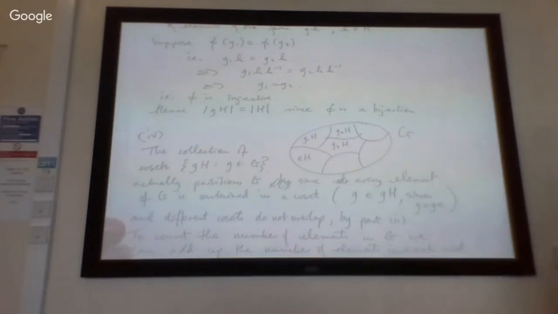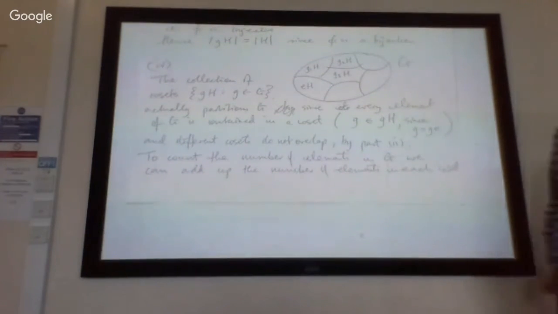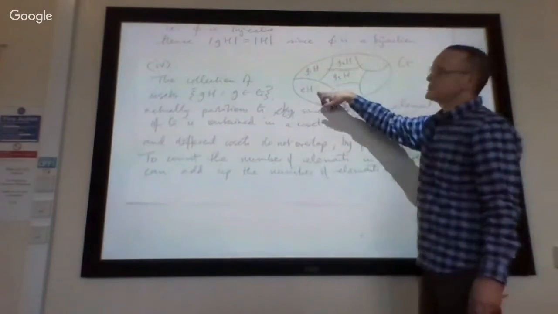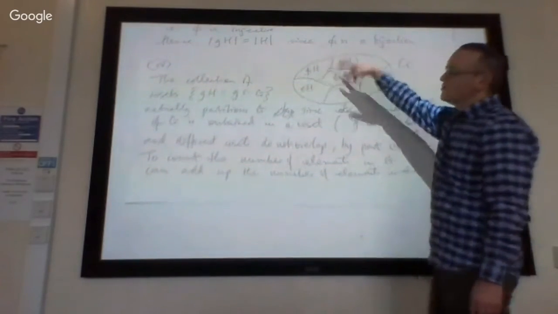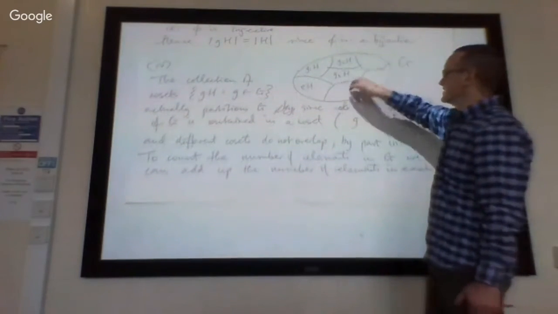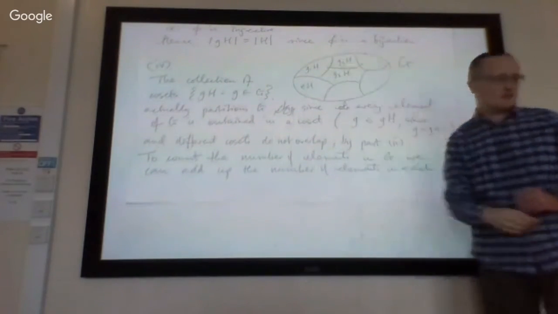If you've got some kind of clear description of this process. So the number of things in here, plus the number of things in here, plus the number of things in here. But by part 3, we proved these sets all have the same size.